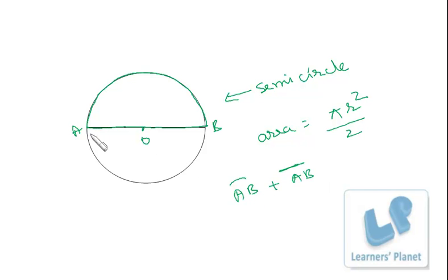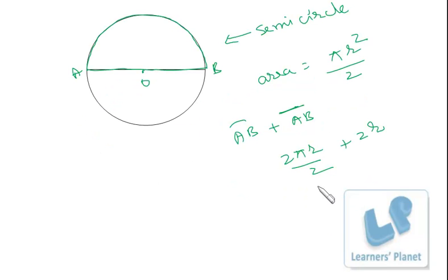Okay, so arc length AB is nothing but half of 2 pi r, because this complete length is 2 pi r, so this is half of 2 pi r plus length AB, straight line length AB, that is nothing but the diameter of the circle. We can represent it as 2r. Okay, so precisely it is pi r plus 2r, that is the perimeter of semicircle.